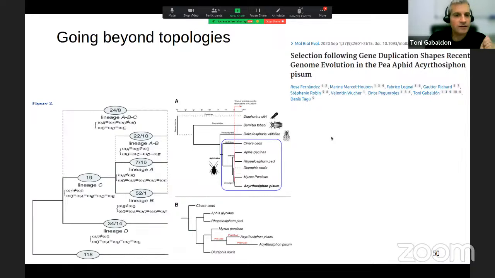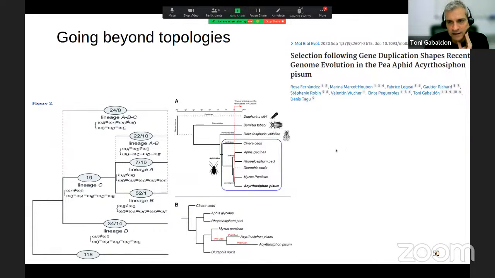But you can go beyond just topologies. All this that I explained was based just on the topology, but you have all the information in a gene tree. You have the information of every branch length, and you can go deeper and start looking at the rates of evolution within each branch in the tree.